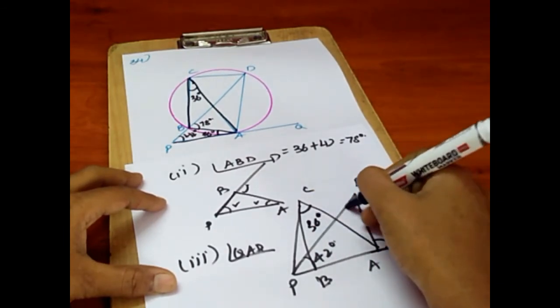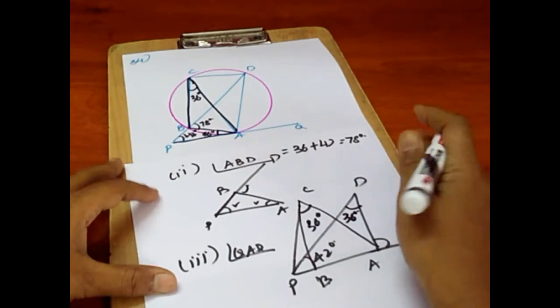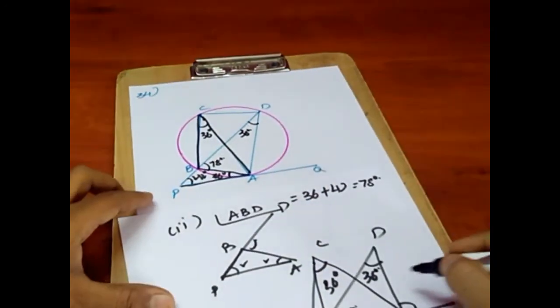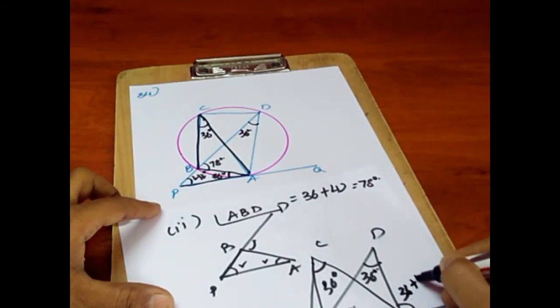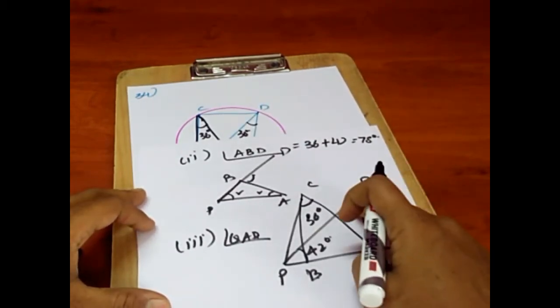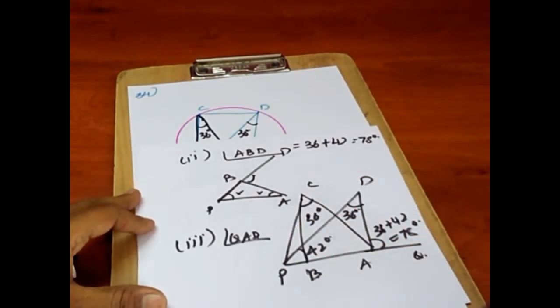Hence, I can say that BDA is also equal to 36 degrees, angles in the same segment. Hence, QAD is 36 plus 42, which is equal to 78 degrees. The exterior angle of a triangle is equal to the sum of the two interior opposite angles.